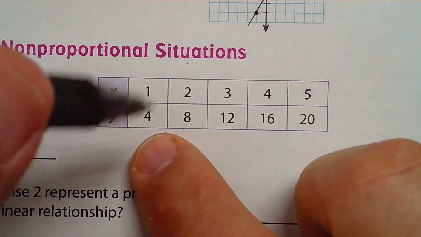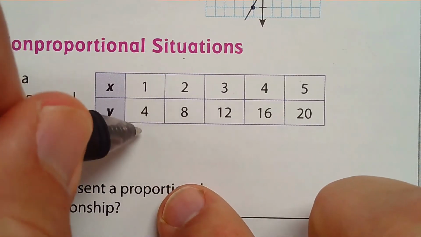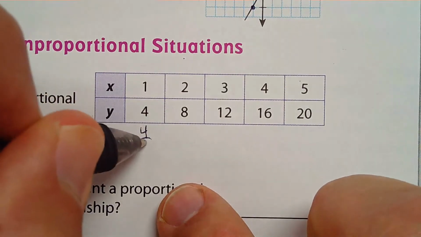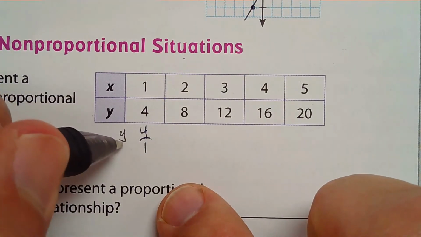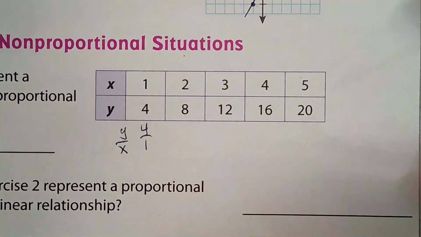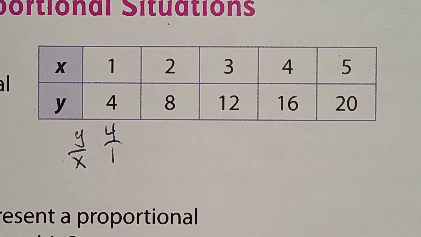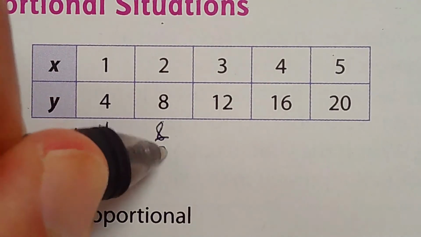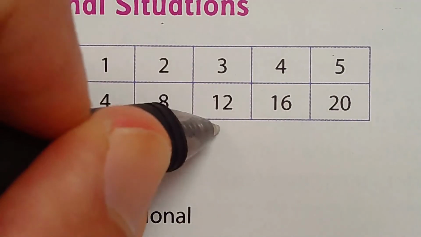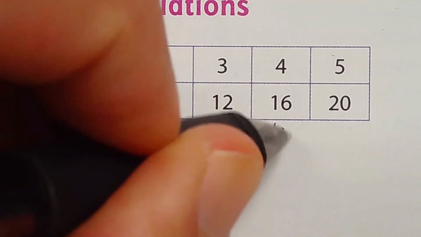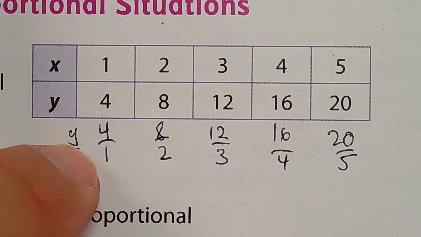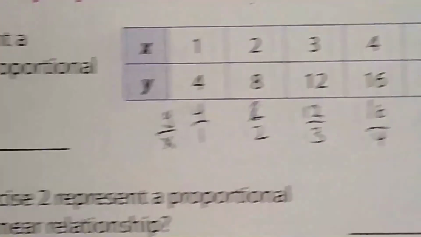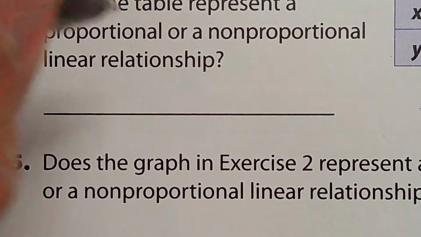So the y value over the x value is going to be 4 over 1, and then 8 over 2. I think you have to check all of them just in case. 12 over 3, 16 over 4, and 20 over 5. 4, 4, 4, 4, 4. So that is definitely proportional.